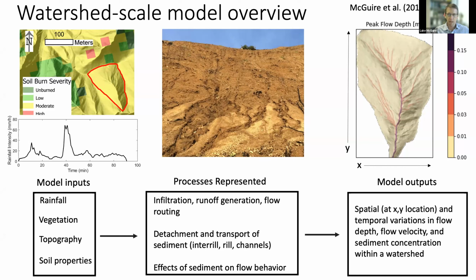Some of that sediment may come from divergent areas and interrill areas on hillslopes. Some of it's going to come from rills and gullies, and some of it's going to be eroded out of channels.